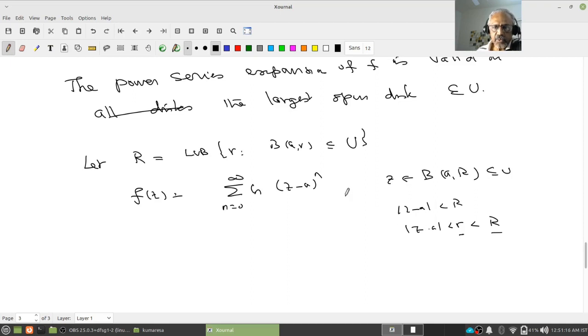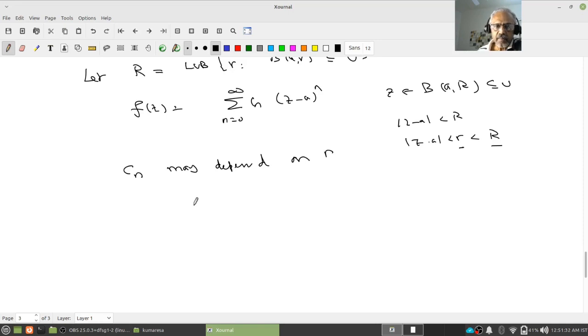By assumption, what do I know? That B_r is contained in U, therefore I have this expansion. Now you can think that the c_n's may depend on r. But we know it does not. Why? Because the c_n's are related. The c_n's we know are nothing other than the nth derivative of f at a divided by n factorial.